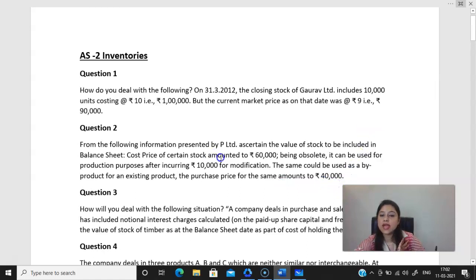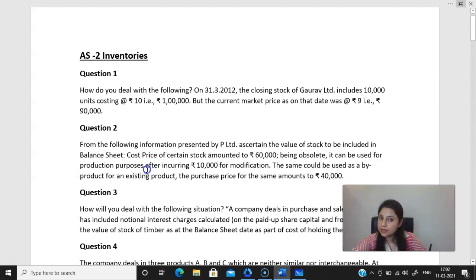So here in this question we have been given the cost, and also after mentioning the cost of such stock, it has also been mentioned that this has become obsolete. So in order to utilize that particular stock, another option to how such stock can be utilized by the business has been worked out, and that has been said that this particular stock, which has now become obsolete for the business, can be used for the production purposes.